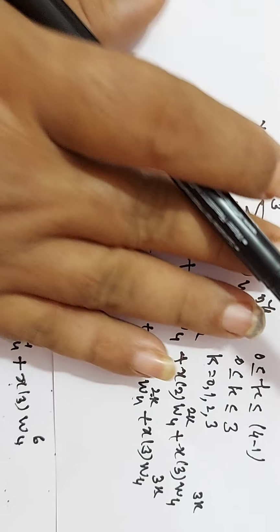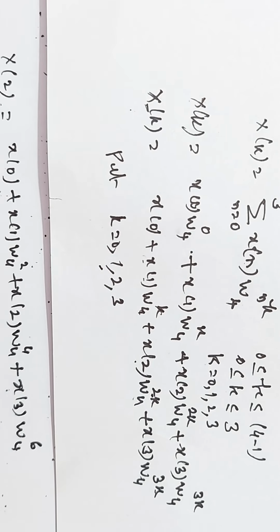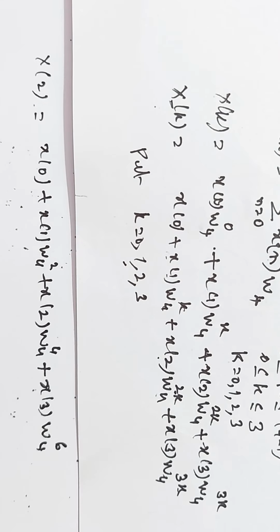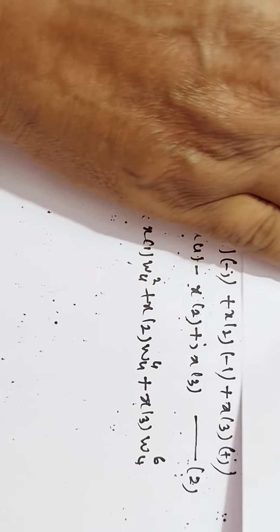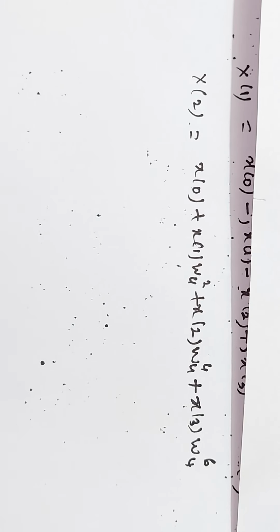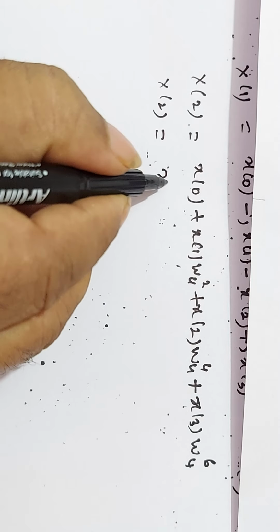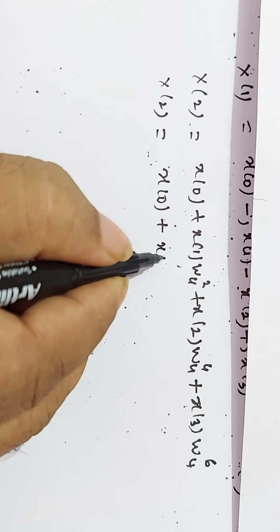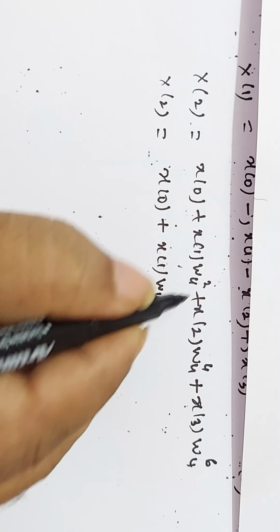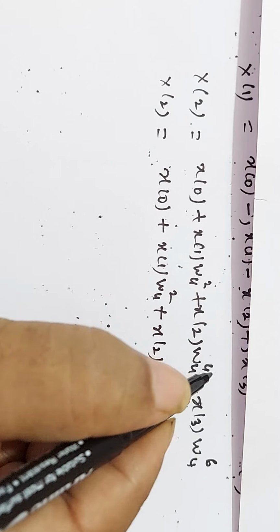And since W4 is a periodic function, you can simplify this as follows. X of 2 is equal to x of 0 plus x of 1 W4 2 plus x of 2 W4 4.